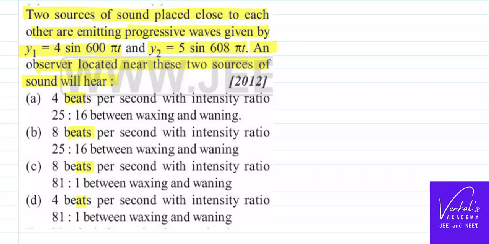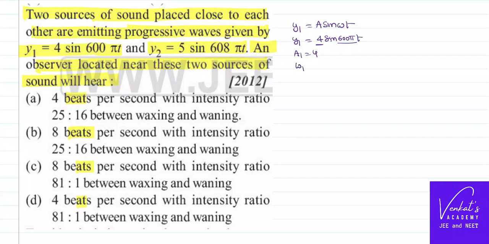So first of all, if you look at the equation, y1 is given to you in a format of something like A sin omega t. What is given for you? 4 sin 600 pi t. So in the place of amplitude A1, I have 4.